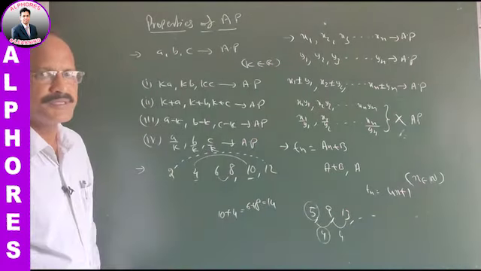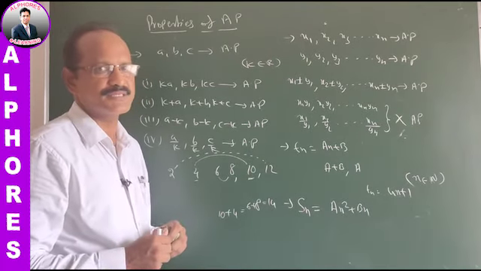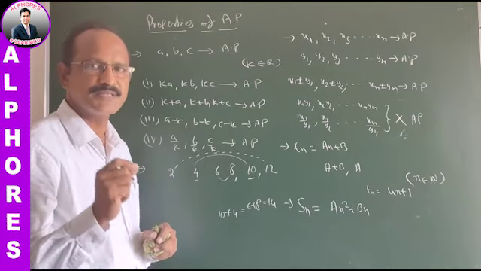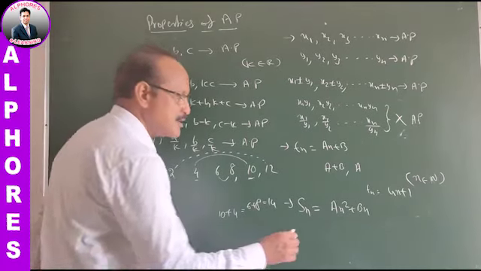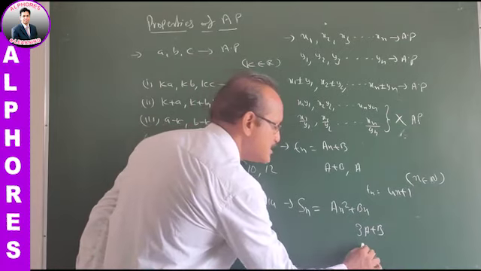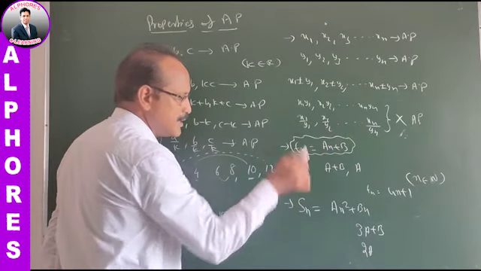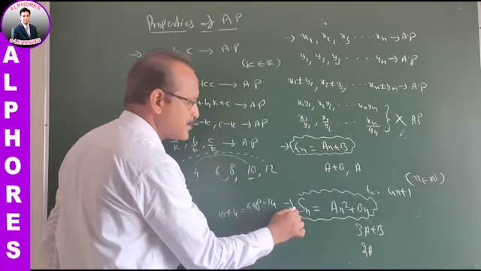Next, coming to the next point. If Sn, that is, in a sequence, the sum of the terms of the sequence is given by an square plus bn, a quadratic expression in n, then the terms of the sequence form an arithmetic progression with first term a plus b and common difference 2a. This is the nth term of the series, and this is the sum to n terms of the series.